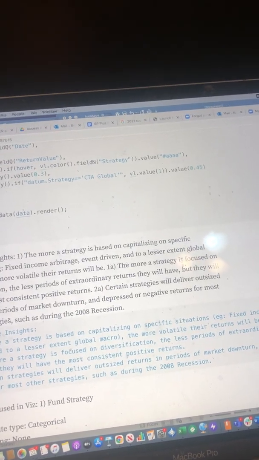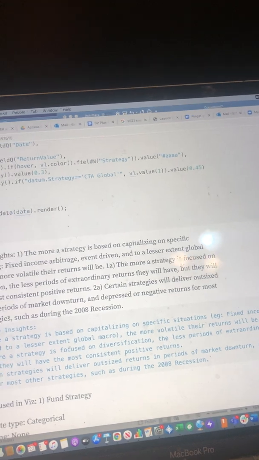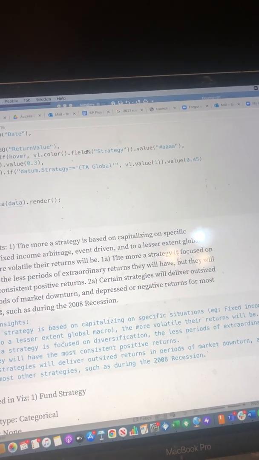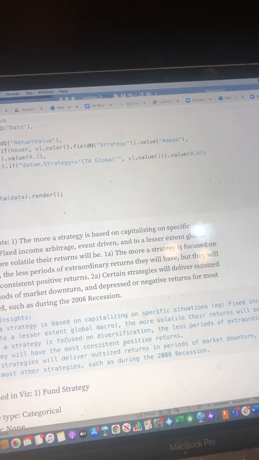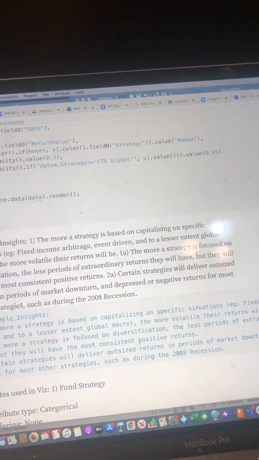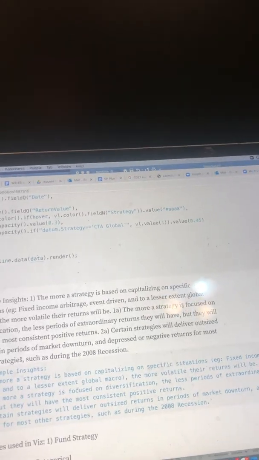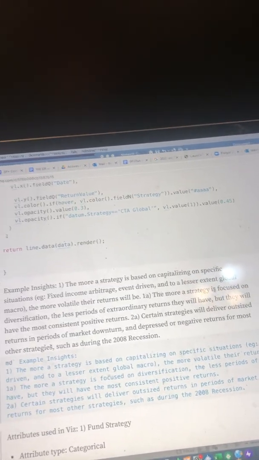And the more someone's focused on diversification, they might not have the most huge returns in periods, but they'll have the most consistent positive returns. The second one, which was kind of true, was that certain strategies will have really strong outsized returns during market downturns, but in most periods, they'll have more depressed returns.